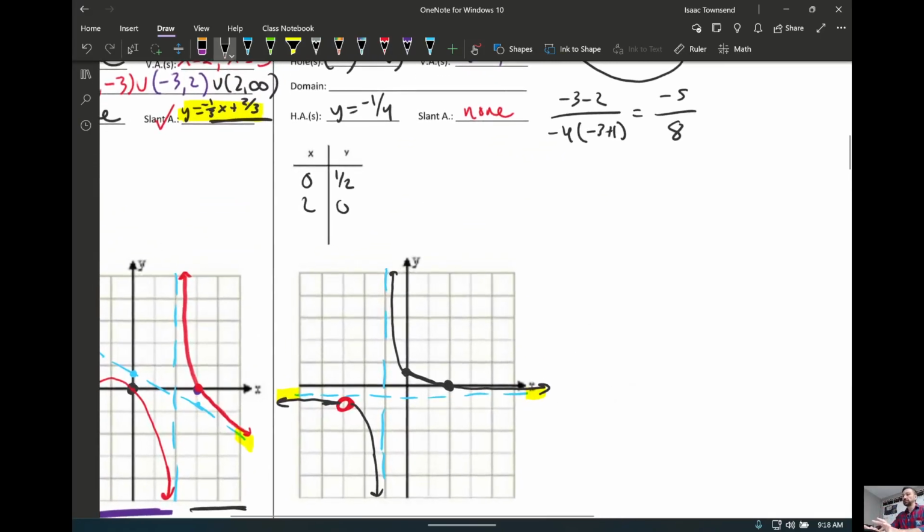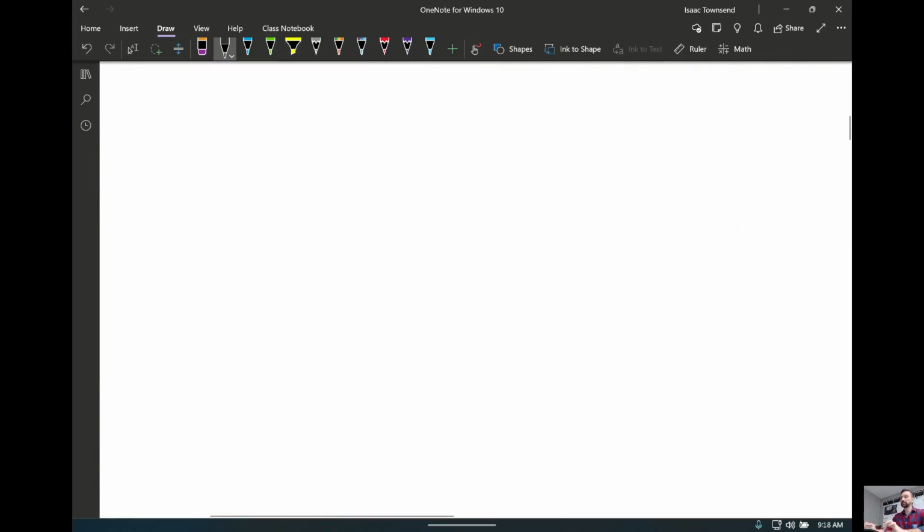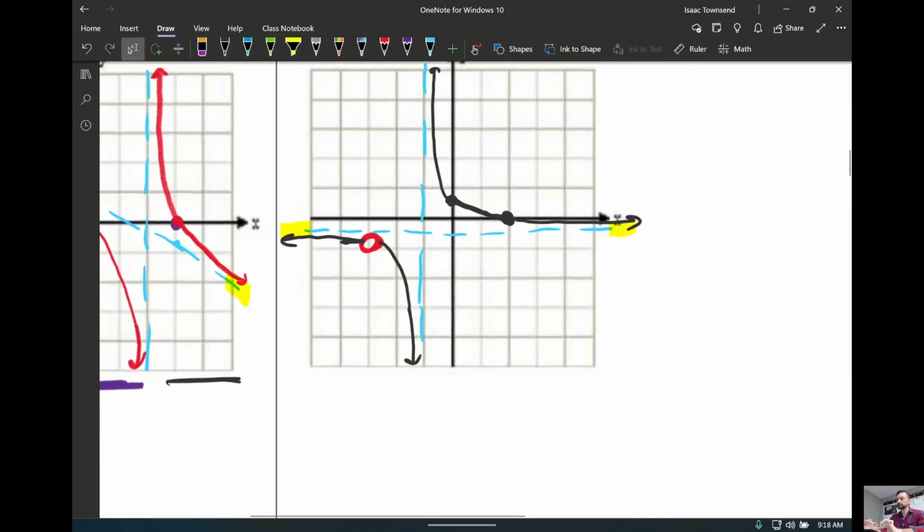Okay, and then finally for domain, again, domain is trying to describe the x values that your graph is hitting. So we've got to take out vertical asymptotes and holes. So down here, it hits everything from -infinity until we got to -3. It has no value at -3, so we can't include -3.